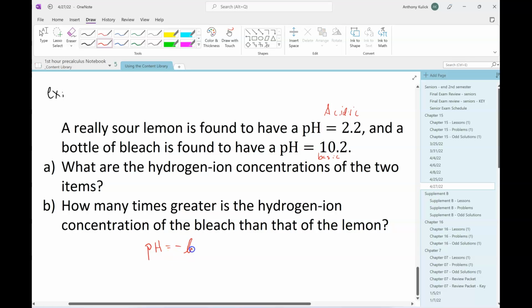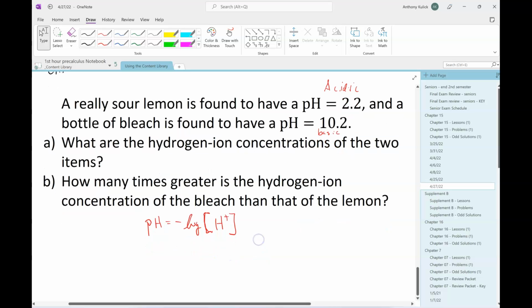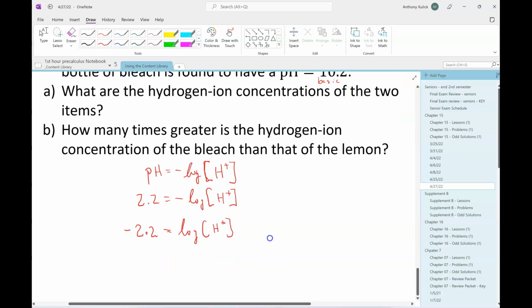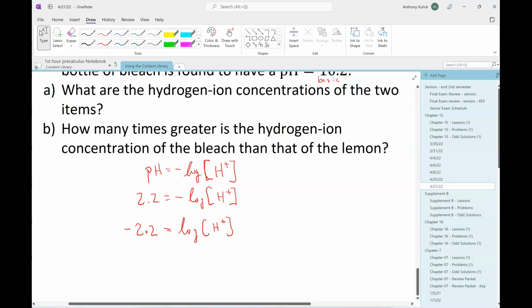Oops, negative. So if I do the acid first, to solve this, I would divide by a negative 1 to move the negative over to the other side. And then how do I cancel that logarithm?